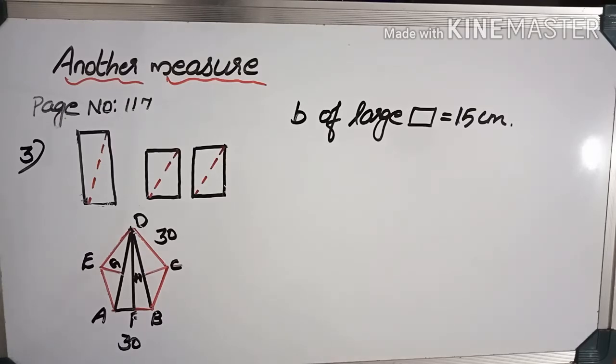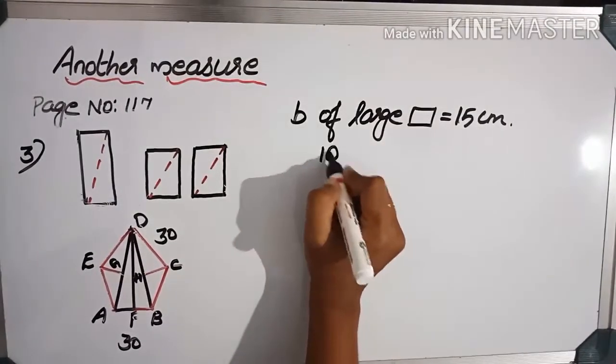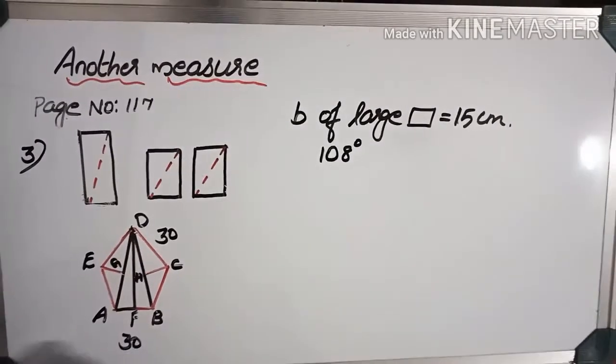Next we have to find the length of this large rectangle. For that, no angles are given, but we know that one angle of a regular pentagon is 108 degree.